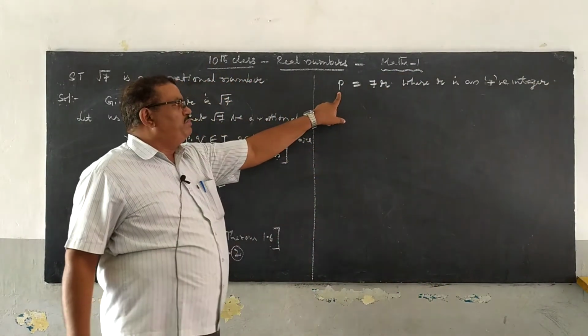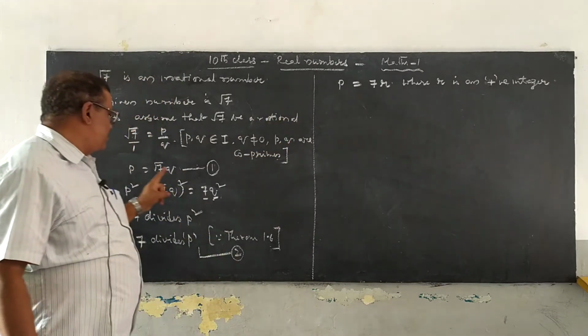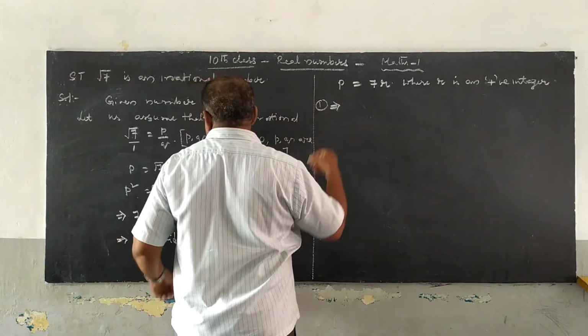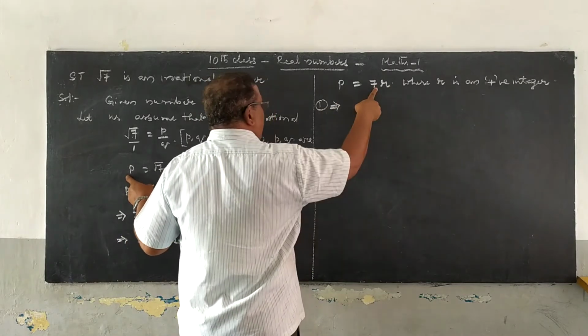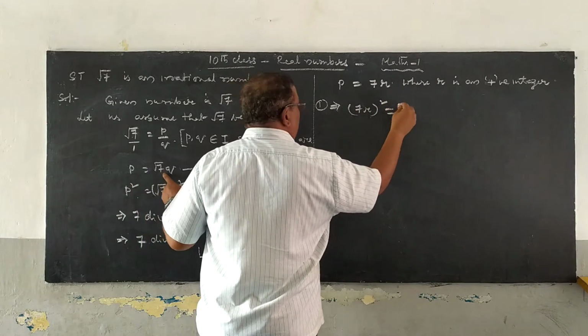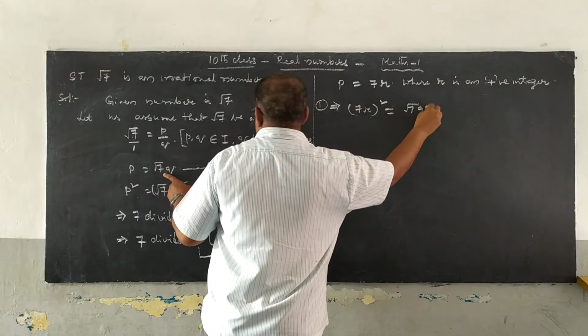Now substitute p equal to 7r in equation 1. Equation 1 implies p equal to 7r, that is, 7r whole square equal to root 7 q.